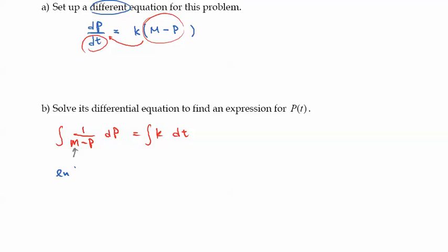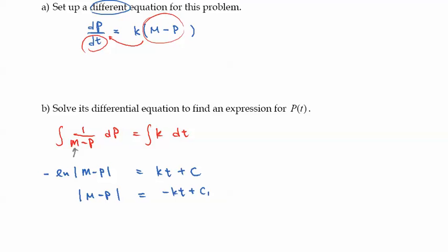But as I integrate both sides, we will still end up with ln m minus p, and using chain rule, we have that negative coming out. On the other side, integrating this will give us kt plus c. And as I remove the negative and the log, m minus p will now end up with negative kt plus a constant.